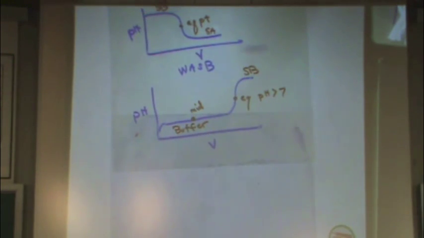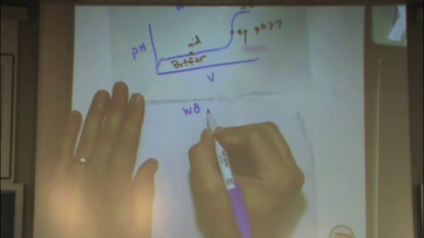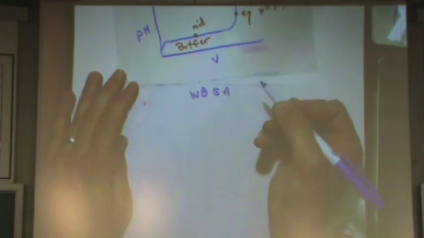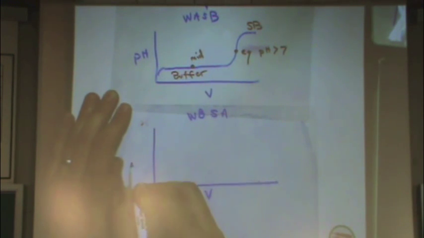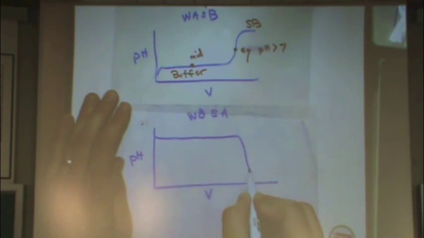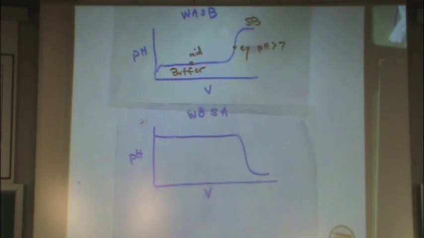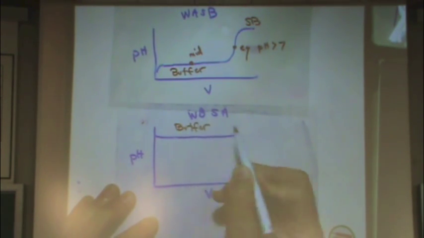Okay, lastly is the weak base, strong acid titration. It's the kind of inverse of the one. It's reflected through a horizontal line of the top one. So it looks like this. Something like that. Again, the buffer region starts off. We've got the buffer.